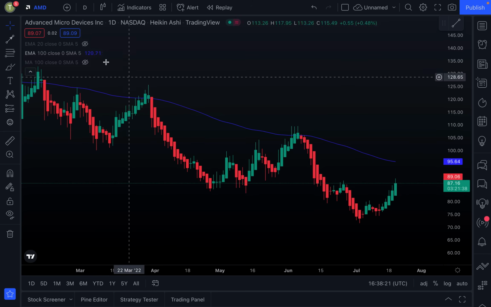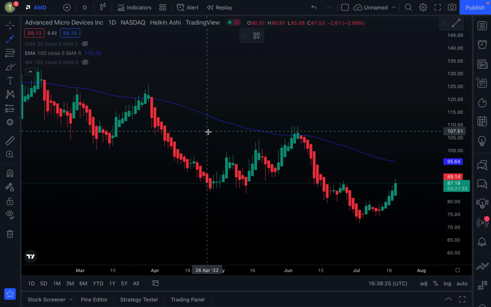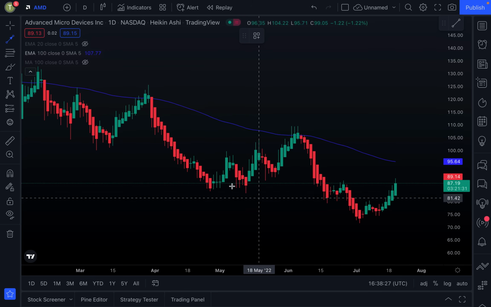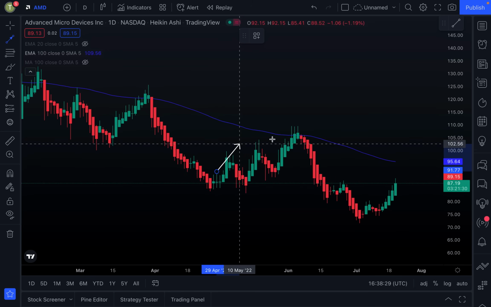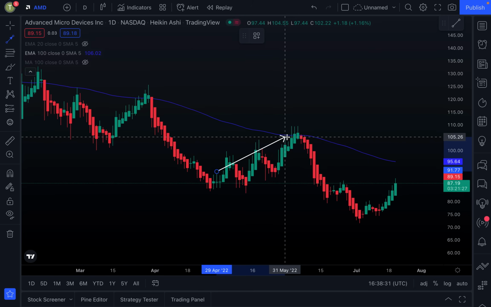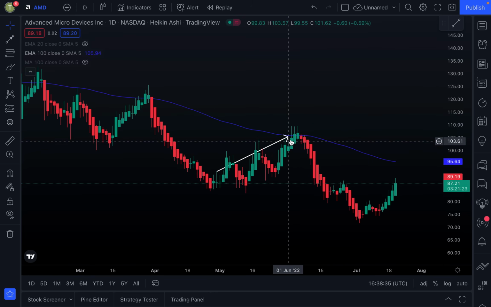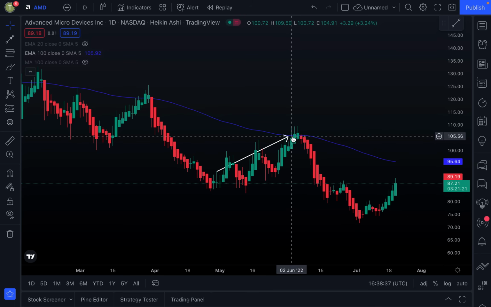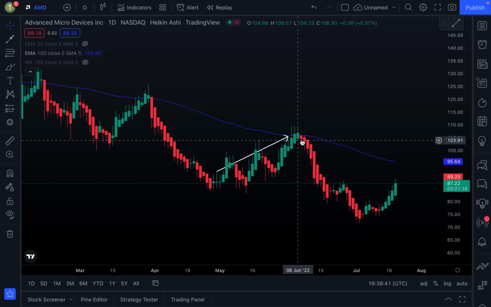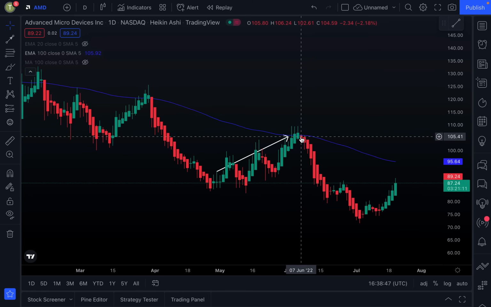So if we take a look here, we wait for the price to pull back to the 100 EMA line, which it does right here. As you can see, it pulls back all the way to the 100 EMA line. So after it pulls back, now we're potentially looking for a selling opportunity. We see a doji candle here, body relatively small, wick on both sides, potentially signaling a trend change.